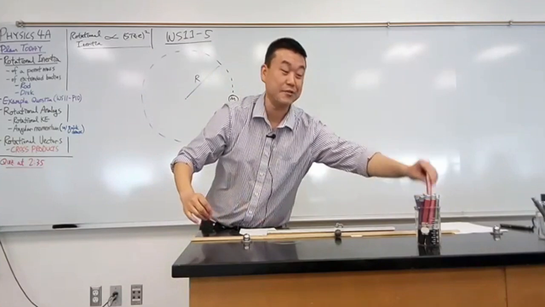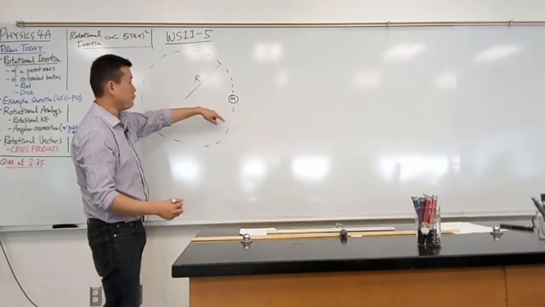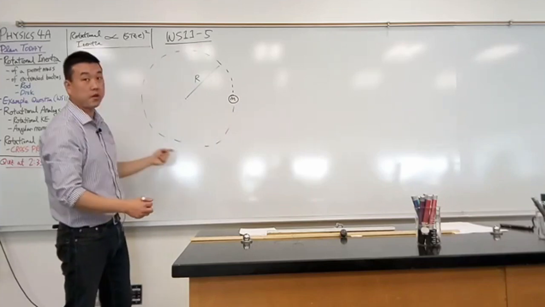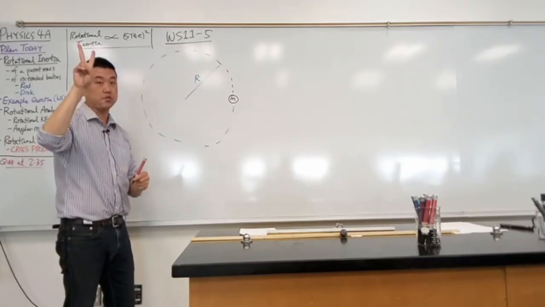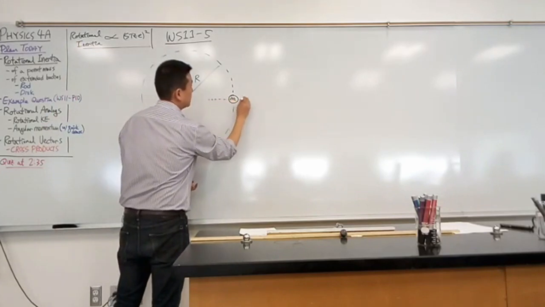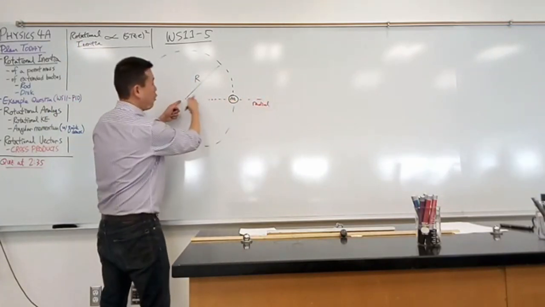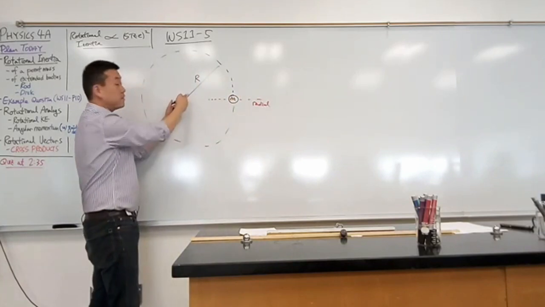Let me just clear up the vocabulary. So this mass is here. When you are imagining something that's circular, there are two words that we use to describe directions. One is radial. So this is the radial direction, because it's coming away from or going towards the center.